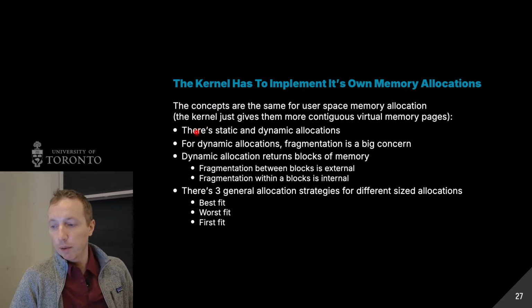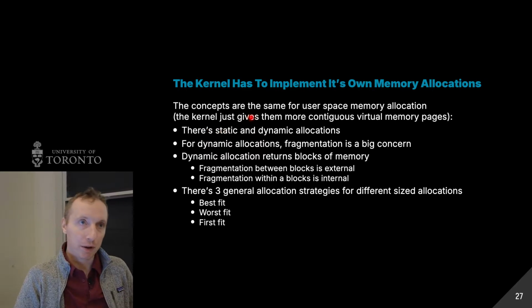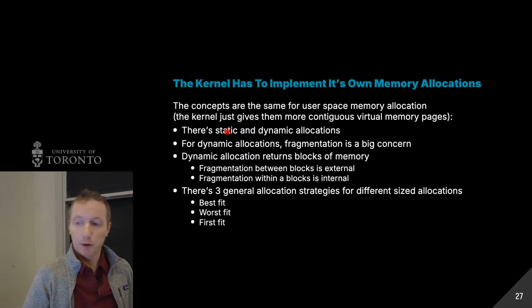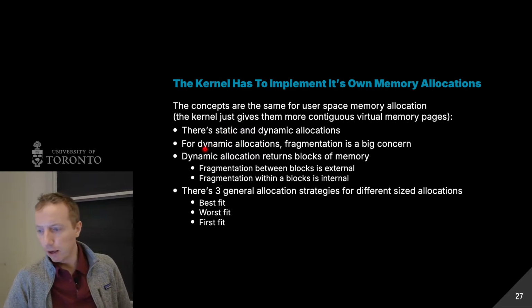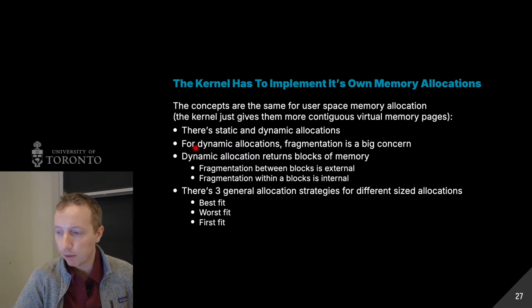So in your C program, there's static and dynamic allocation. Static ones are all done when your program loads, so you don't have to worry about it. For dynamic allocations, fragmentation's a big concern if you don't know the lifetimes, you don't know the size, and things of that nature. So dynamic allocation returns blocks of memory.